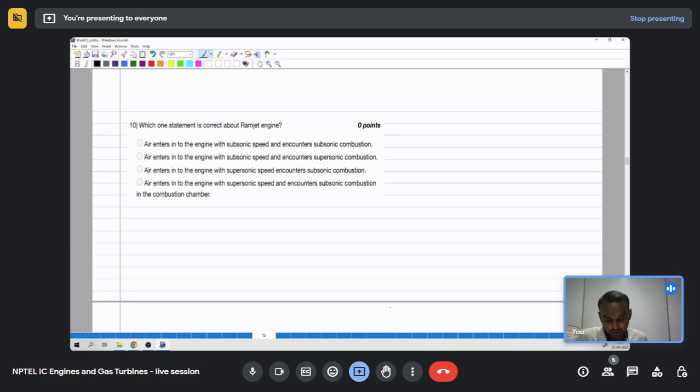Which statement is correct about a ramjet engine? Air enters into the engine at subsonic or supersonic speed and encounters subsonic or supersonic combustion. Sir, air enters at supersonic speed and combustion takes place at subsonic speed. Yeah, so it enters at supersonic and encounters combustion at subsonic.